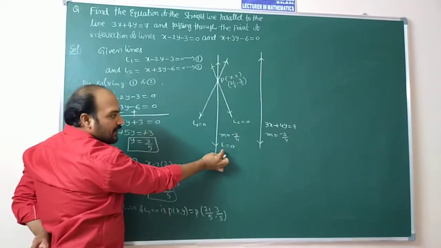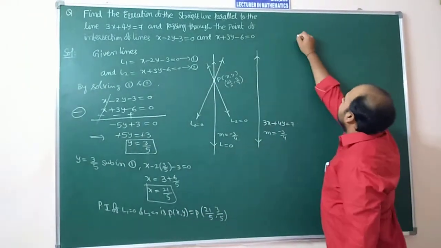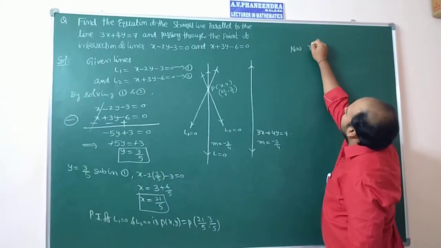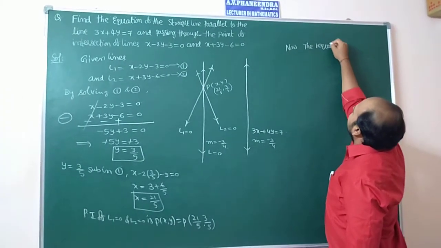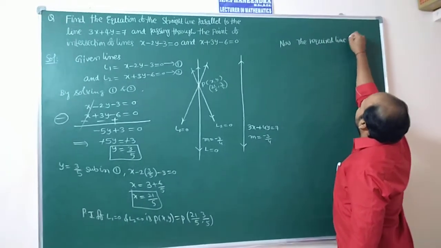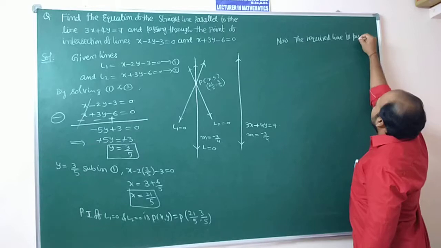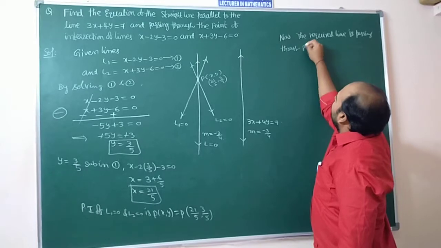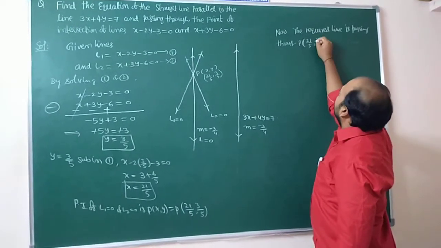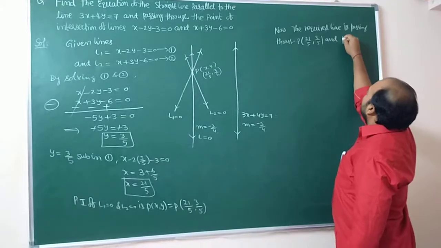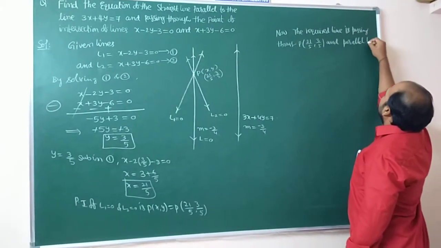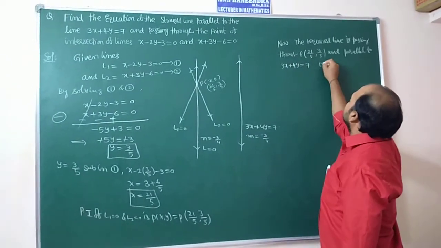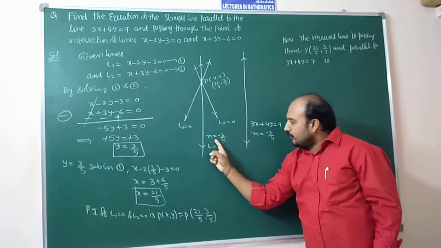So the required line L is equal to 0 now. From the diagram clearly, the required line is passing through P of 21 by 5 comma 3 by 5 and parallel to 3x plus 4y equal to 7, so slope is m equal to minus 3 by 4.